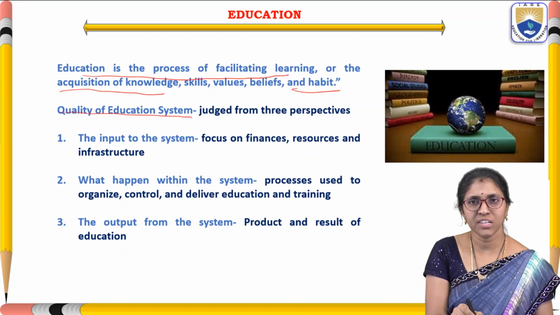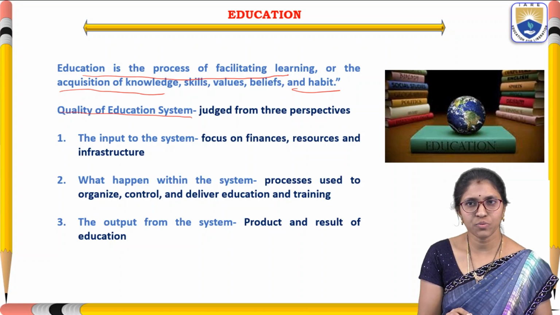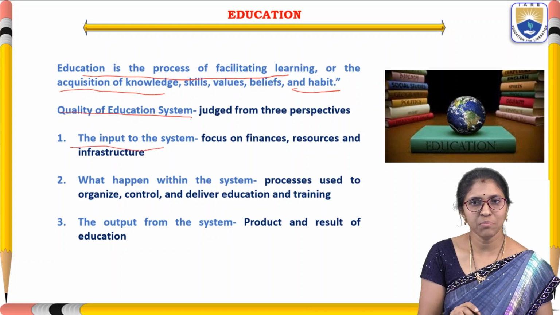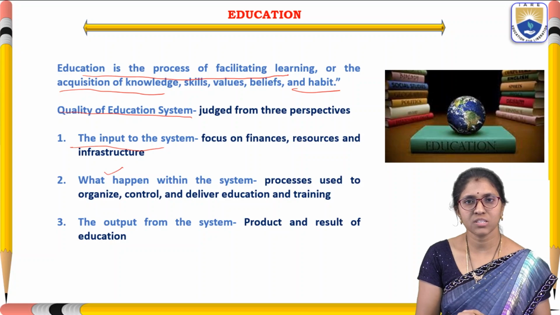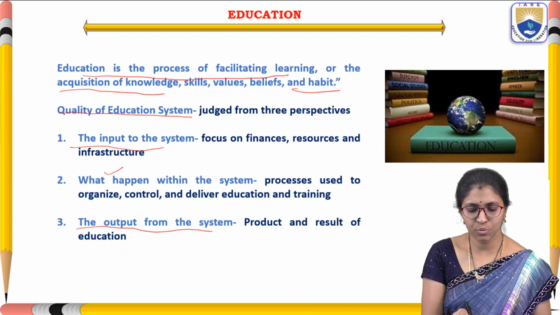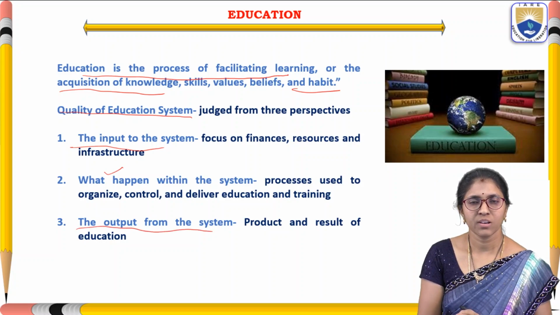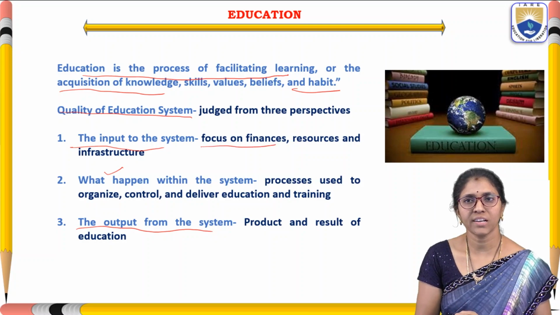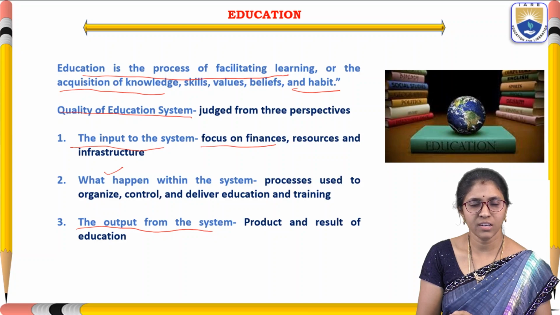The quality of an education system is judged from three perspectives. First is the input to the system, which focuses on finances, resources and infrastructure.